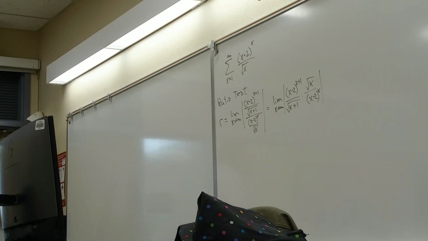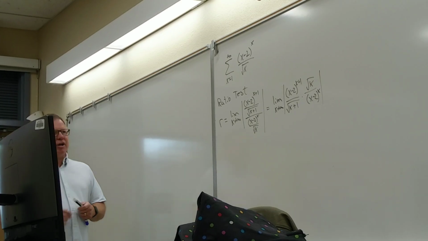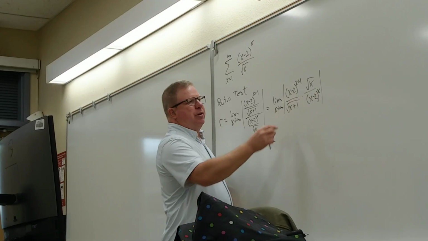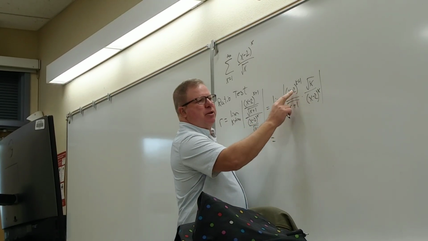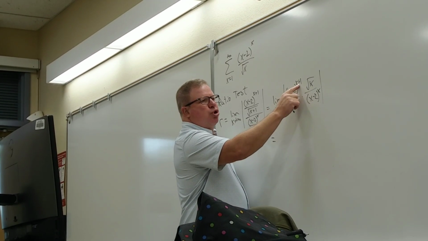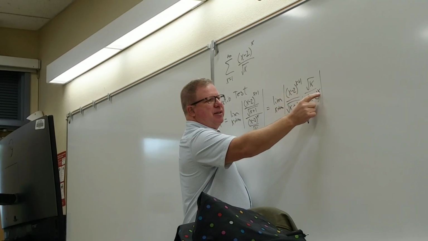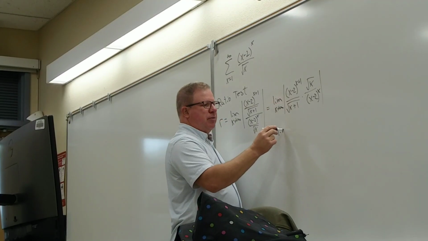All right, so I'm going to begin showing fewer steps than I was showing in chapter 10 on some things. Like here, x minus 2, the bases are the same, so we subtract the exponents. K plus 1 minus k is just 1.